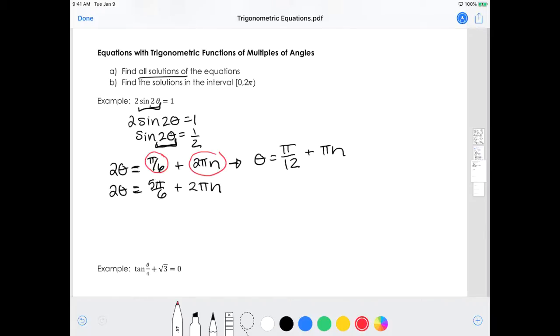And I divide 2 pi n by 2 as well. I'm going to divide both sides. That means all the terms on each side. Then I'm going to do the same thing for the next one. I'm going to divide both sides by 2, so that's going to give me 5 pi over 12 plus pi n. This is all solutions.